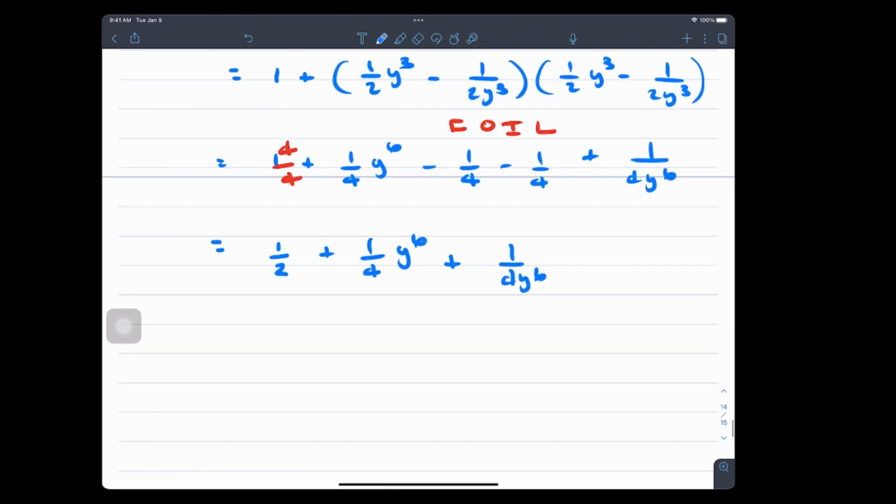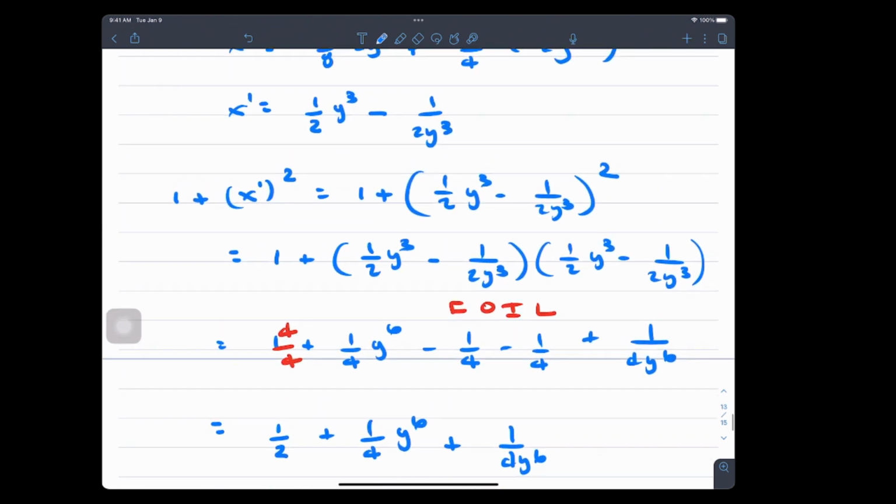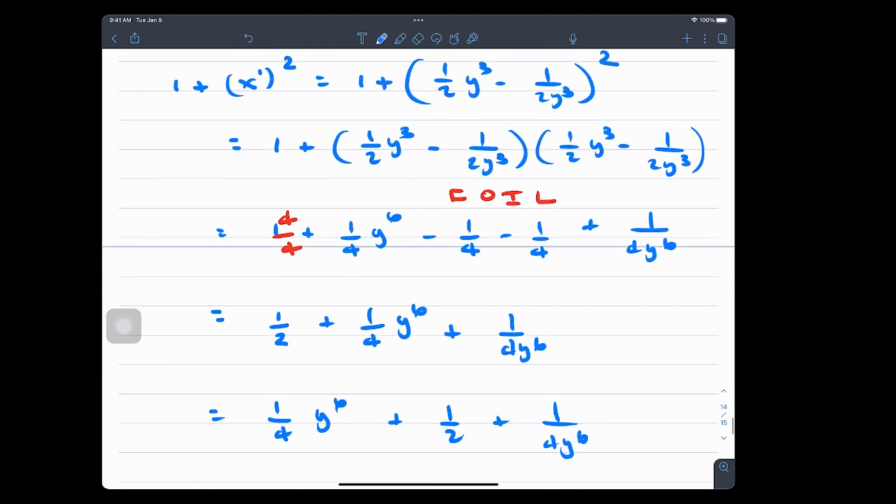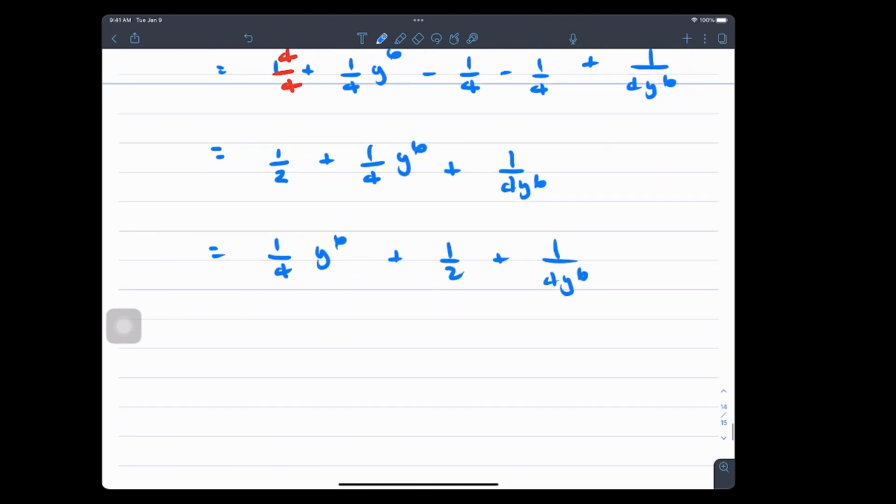Now I'm going to put that 1/2 right in here, right in the middle. And I do that for a very good reason. Because if you were to factor this, by the way, this would be 1/2 y cubed plus 1/2 y cubed. So notice that.